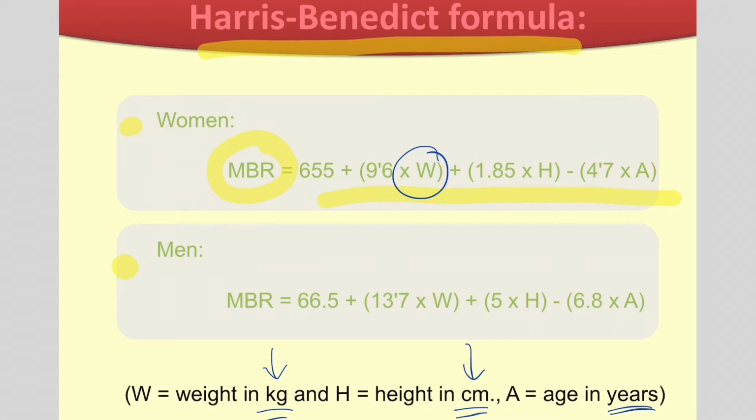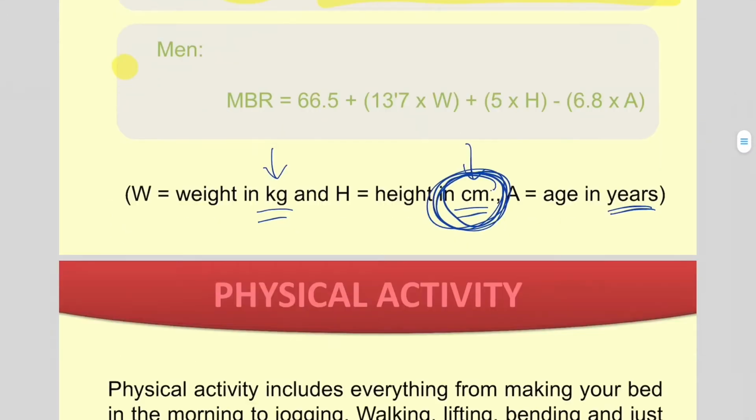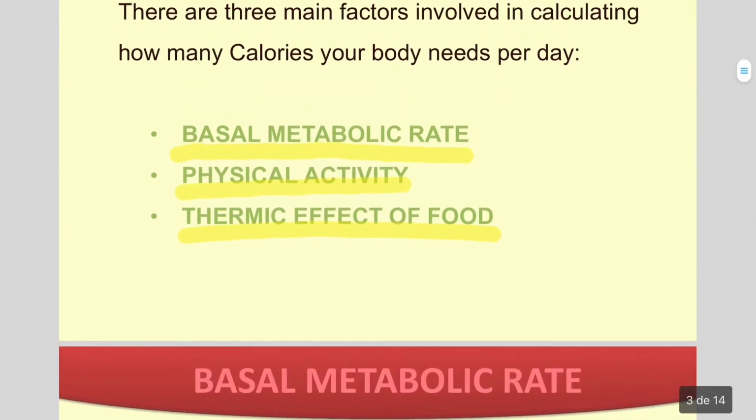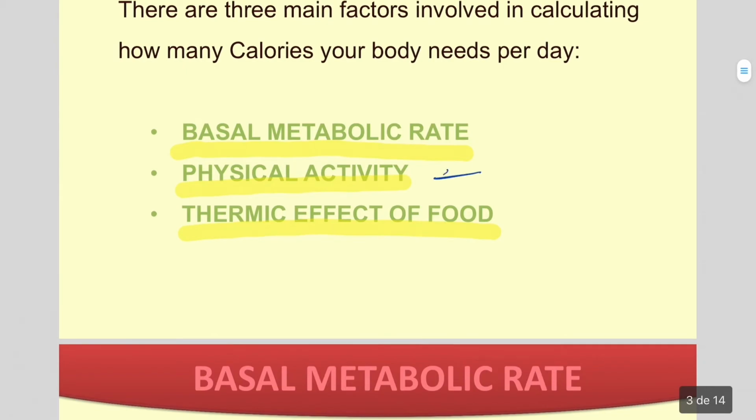Careful with the height, because sometimes you use it wrong and you use meters instead of centimeters. So this is one of the most accurate formulas we have, more or less, to calculate the energy you need while resting.